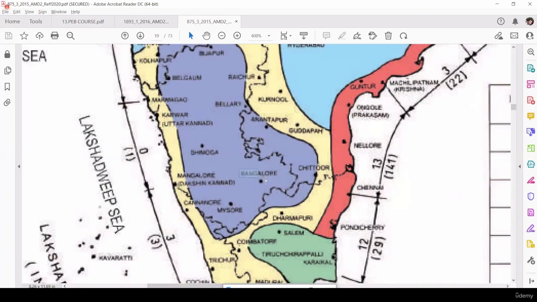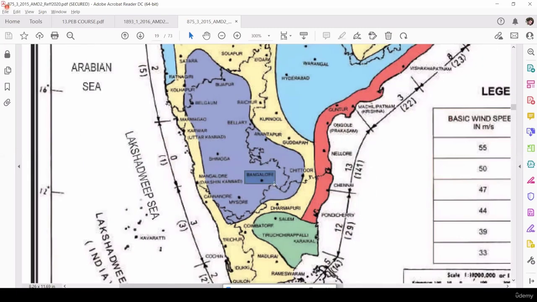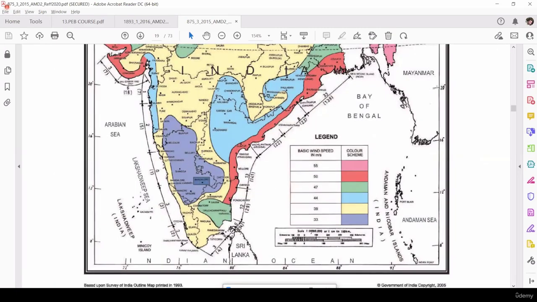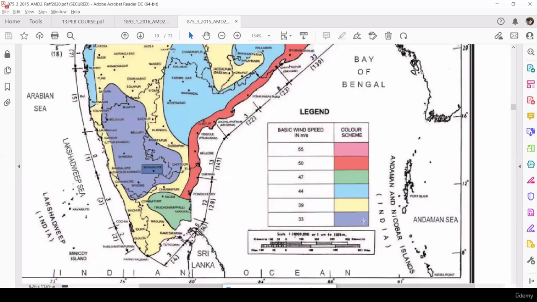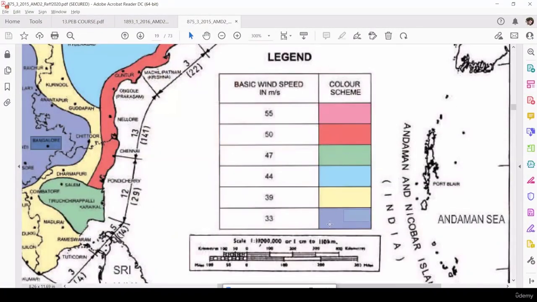Suppose our site is at Bangalore. Here you can observe Bangalore. This is a light navy blue colored shaded area, right? So we have to go to the legend. The light blue colored shaded area has 33 meters per second basic wind speed.